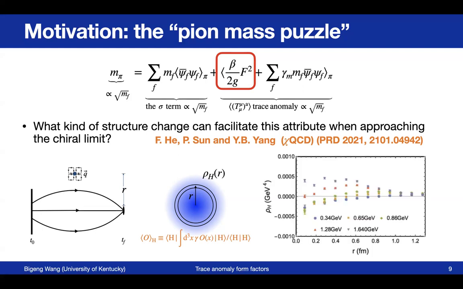So we plot the result of such a density for various quark masses. When the quark mass is very heavy, for example, here the pion mass correspondingly is about 1.6 GeV, which is very heavy, the density is mostly positive. As the quark mass gets smaller and smaller, we can see the integral of this curve gets smaller and smaller.